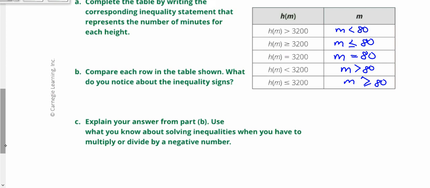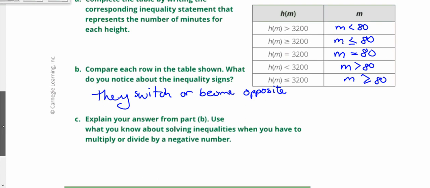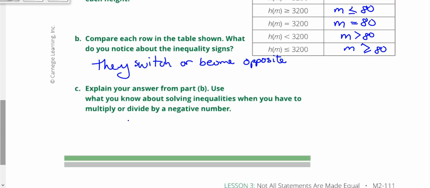It's because we had a negative slope, and when you multiply or divide by a negative, the inequalities switch, or become opposite. When you multiply or divide by a negative number, you have to flip the signs, flip the symbols. Okay, and we're done with those notes.